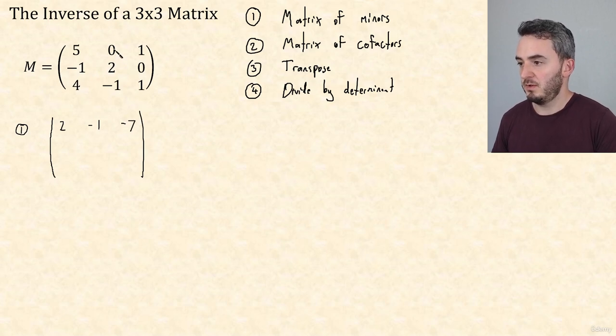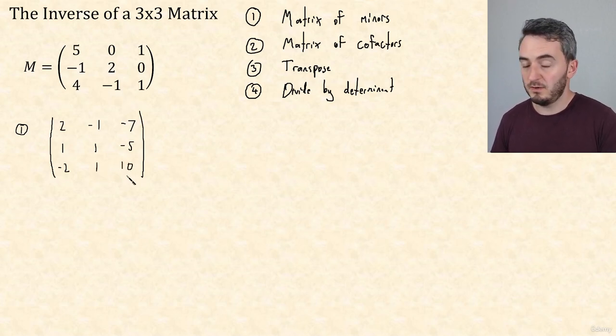Now, next row, it's 0 minus minus 1, then it's 5 minus 4, then it's minus 5 minus 0. Bottom row, 0 minus 2, then it's 0 minus minus 1, and finally it's 10 minus 0. So there's our matrix of minors.